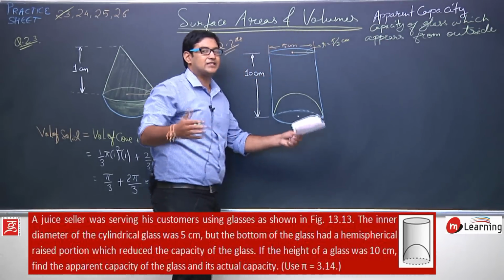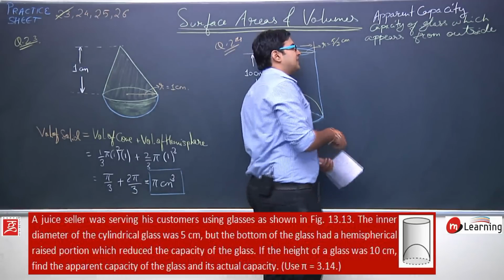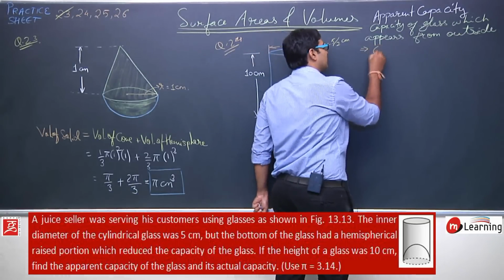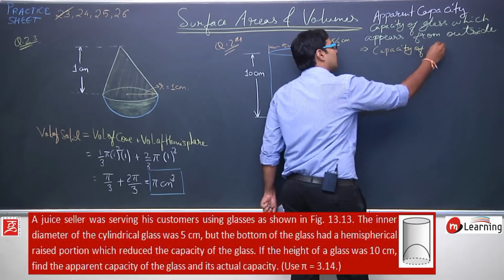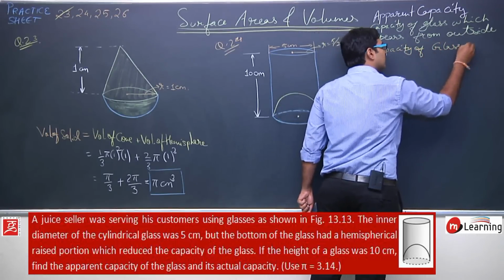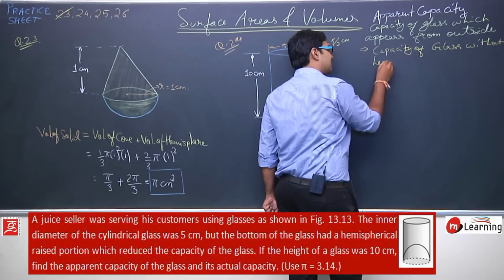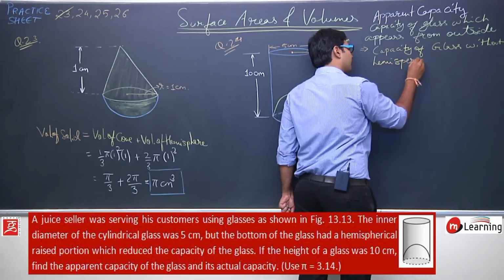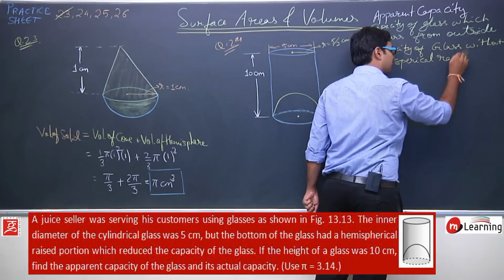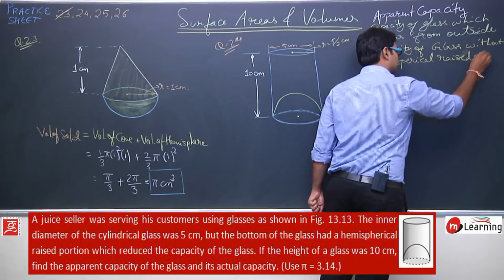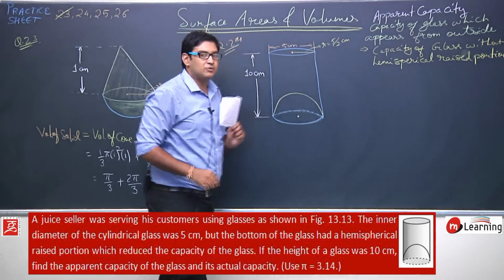Okay, the appearing capacity, it's a delusion. So this apparent capacity is basically the capacity of the glass without the hemispherical raised portion. Okay, it's the capacity of the glass without that raised portion.